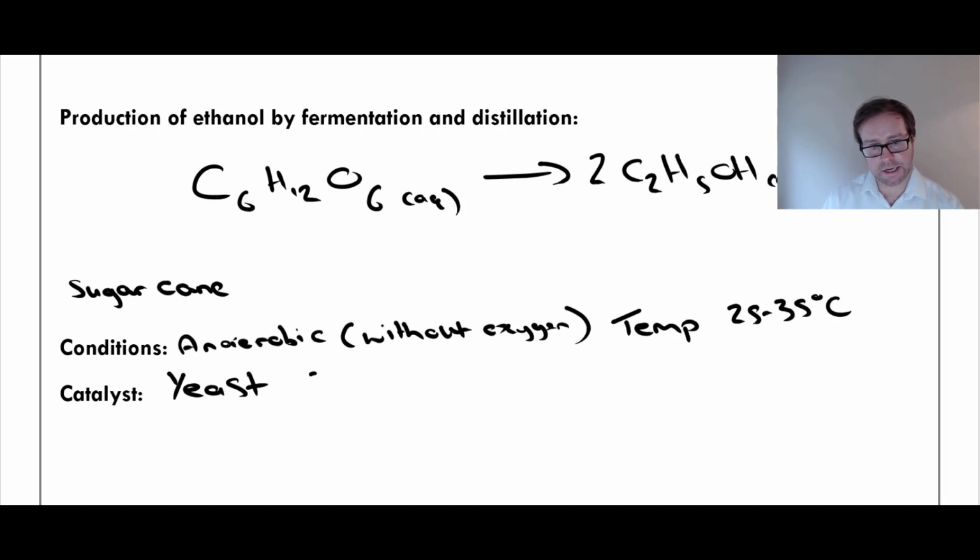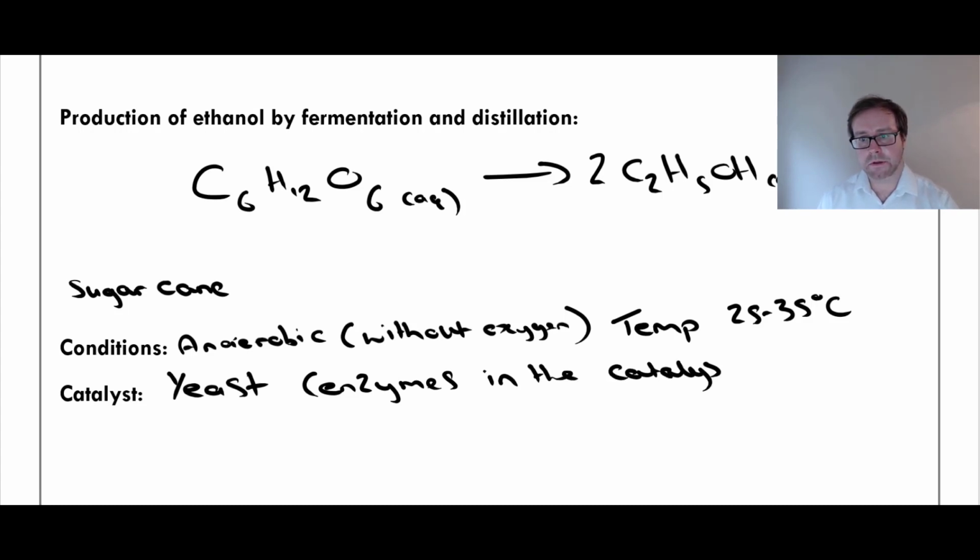And yeast is the catalyst, but really it's the enzymes in the yeast which are the catalyst. And I'm not going to go through this in much more detail. These are just basics that you need to know.